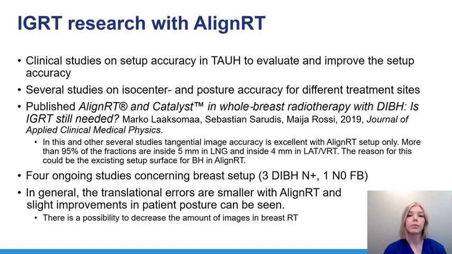We have one published study concerning the N0 DIBH, where we noticed SGRT could be a way to reduce the amount of KV imaging, as we noticed that the accuracy of the tangential image, the placement of the ribs, is excellent even without IGRT, if we have good surfaces for the setup.